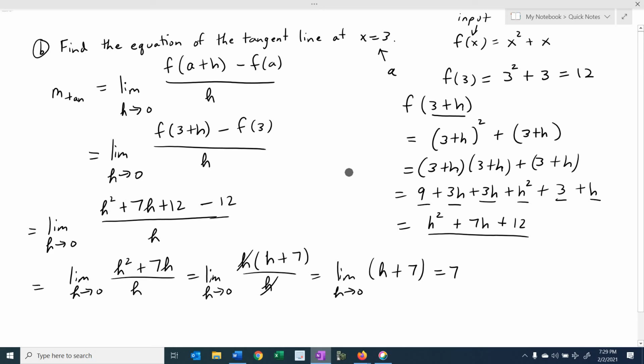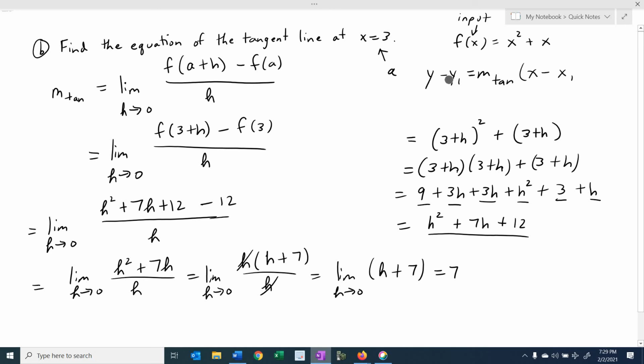Now, the last thing we need to do here is find the equation of the tangent line. So again, we're going to use the point slope formula. So let me erase some of this. This time, the slope of the tangent line instead of the slope of the secant line is what we get for the slope here.